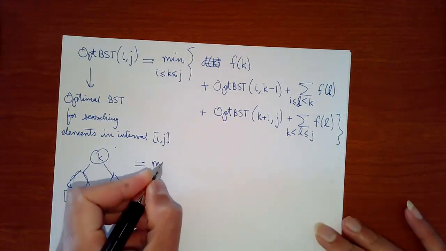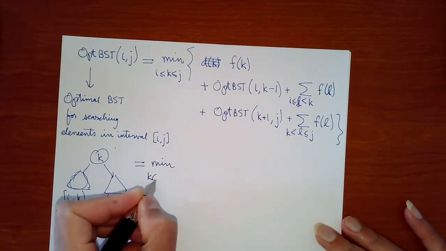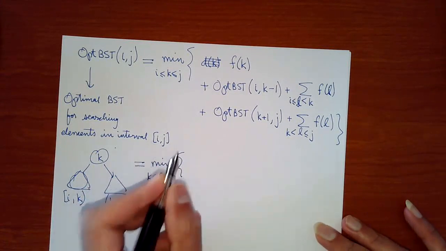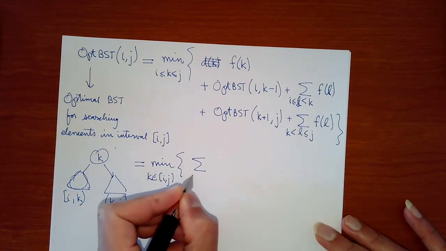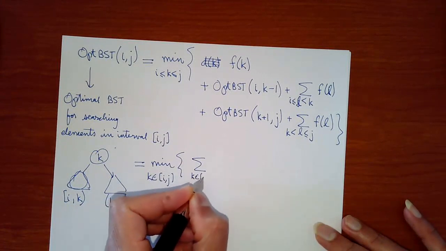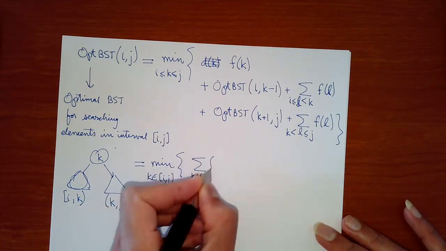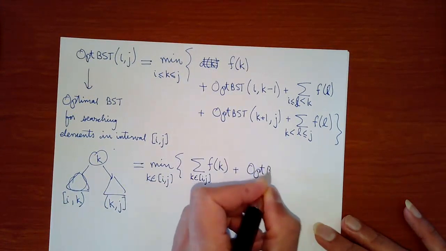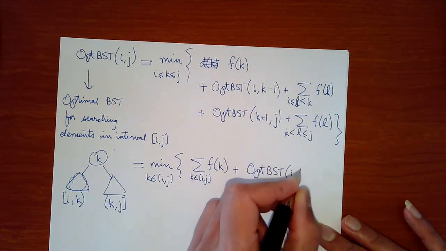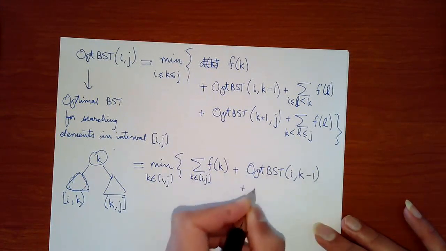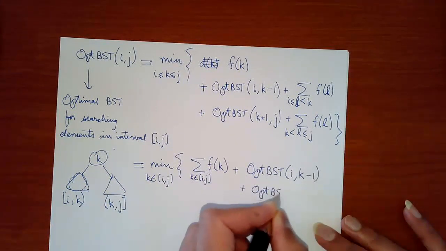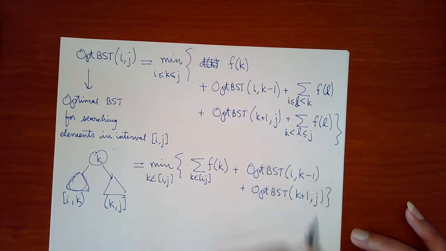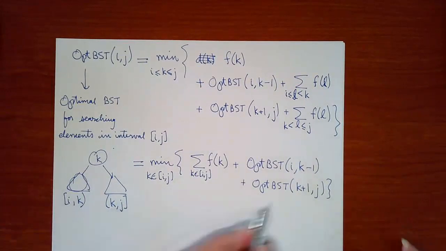So this is the same thing as the min over k in ij of, first I'm just going to sum all the frequencies, plus the optimal BST cost from i to k minus 1, plus the optimal BST cost from k plus 1 to j. Right? This gives me my recurrence.